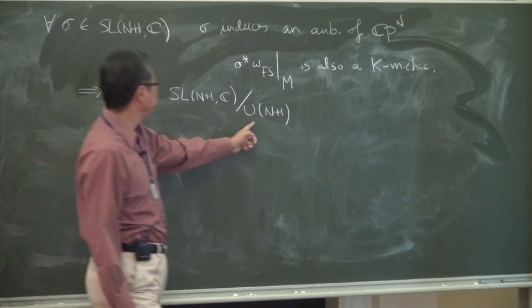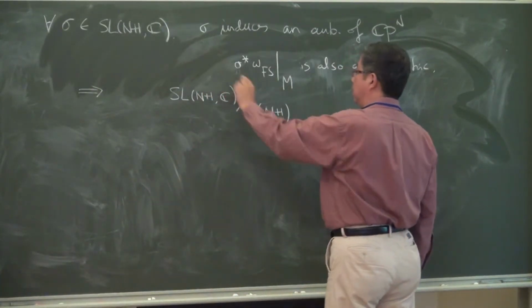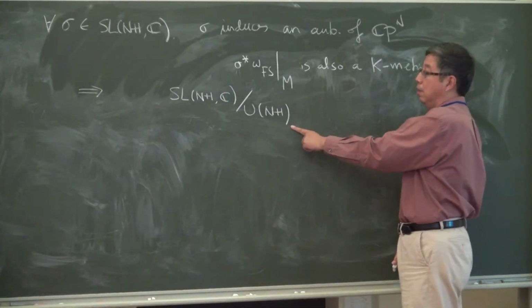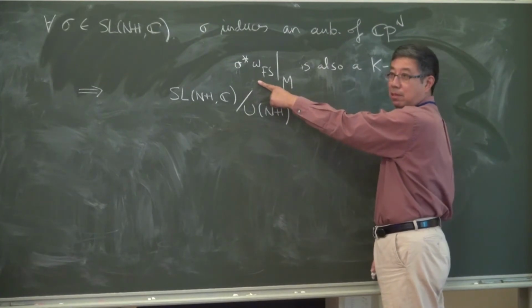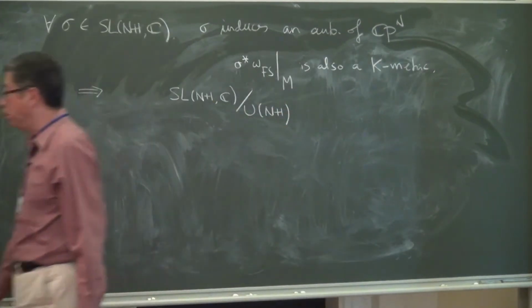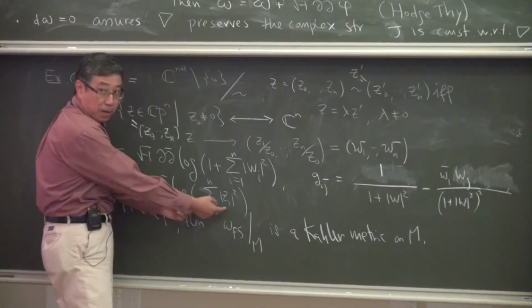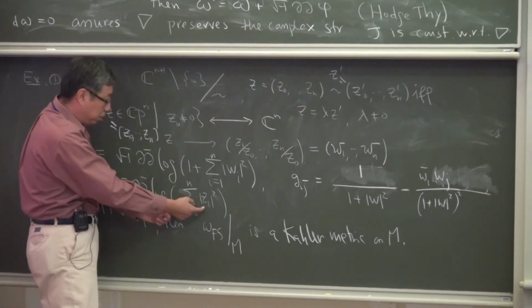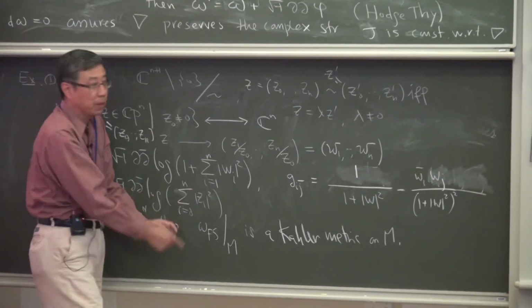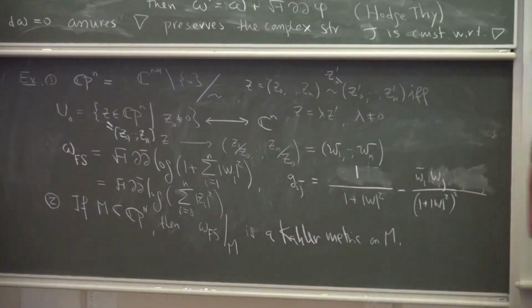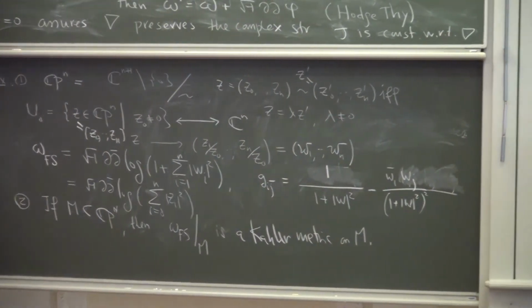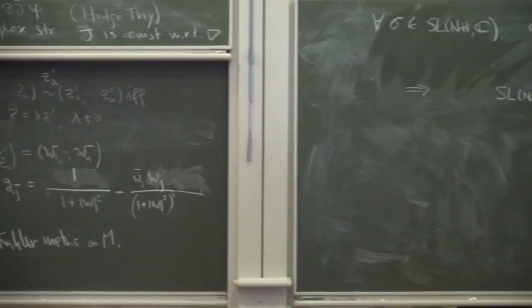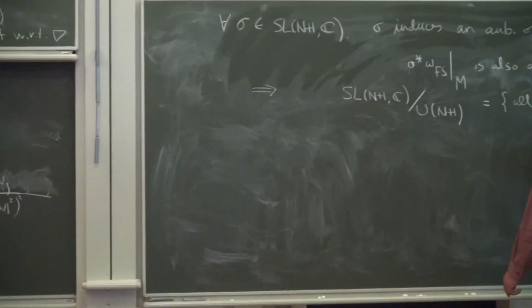And you can check if sigma is in the unitary group, it does not change this. Because if you look at the Fubini-Study metric here, at least formally, it's just got by the square sum of that. And if sigma is a unitary transform, it does not change this at all. Okay. So you will get the same metric. So this is all possible. Basically, this is all such metrics.